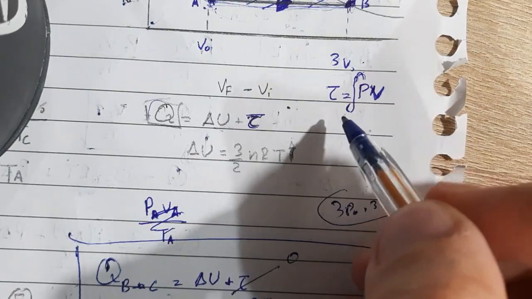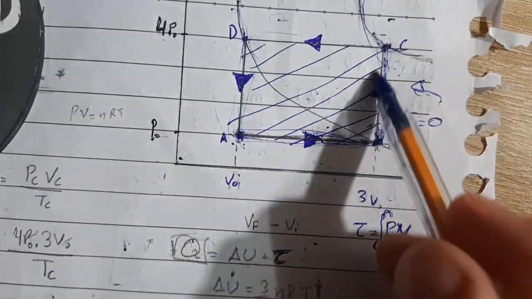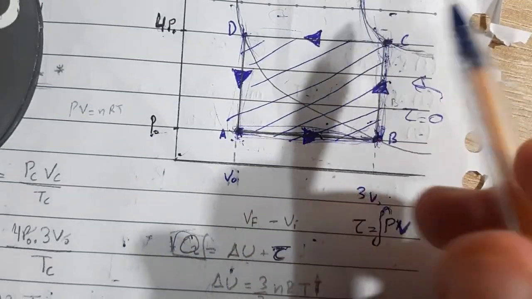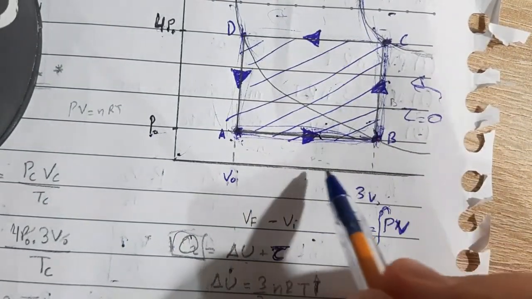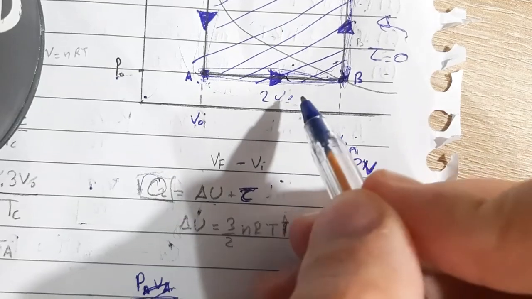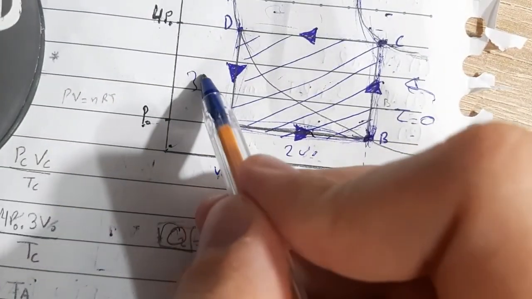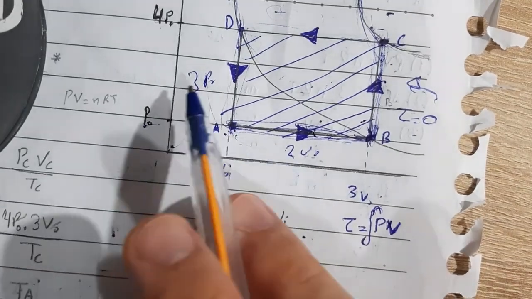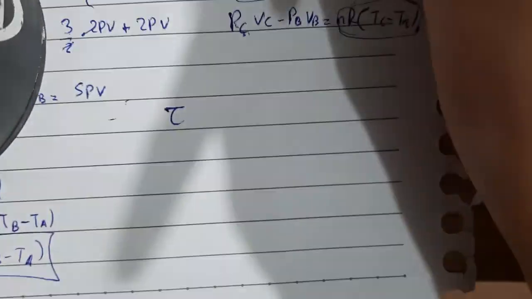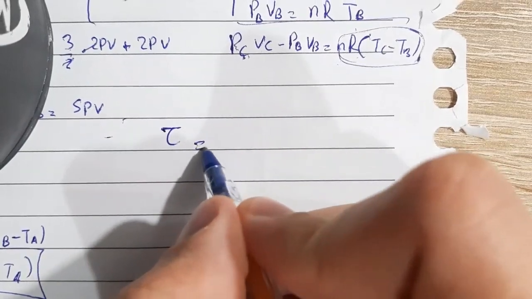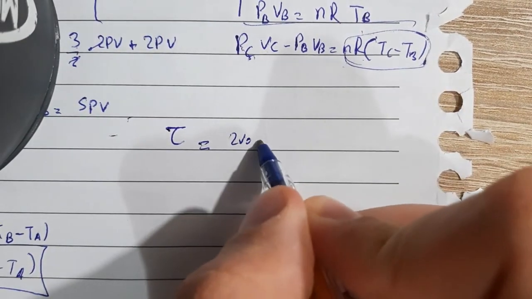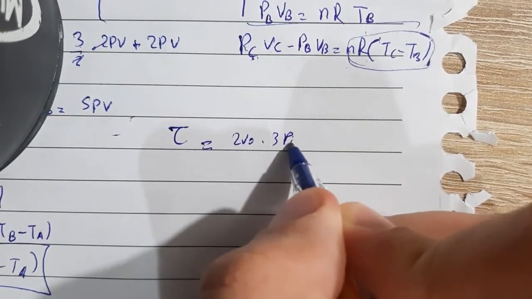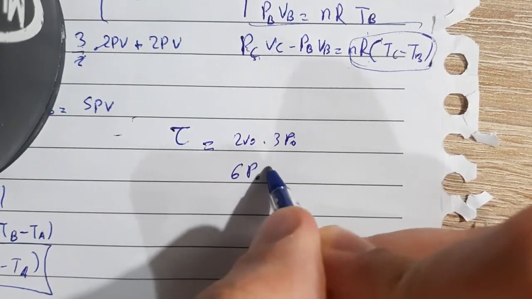You need to integrate, but as this is a simple shape, you can find the area, you don't need to integrate. 2V0 over here, 3P0, so multiply, so you will have that the work is equal to 2V0 times 3P0, 6P0 V0.